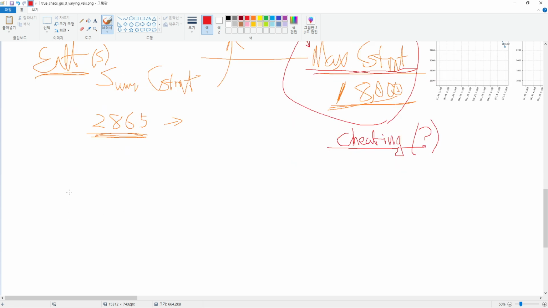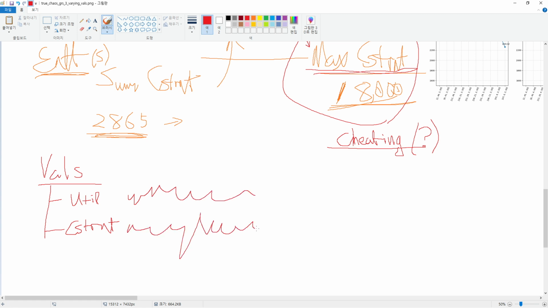However, allowing the values to vary, utility values and constraint values, allowing them to fluctuate, given some distributions for different values of different magnitude, doesn't feel that much like cheating.